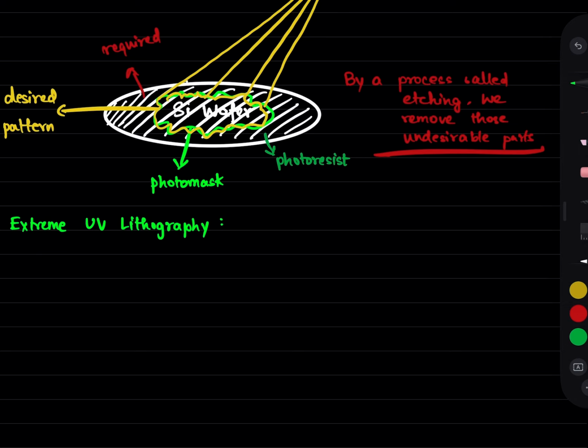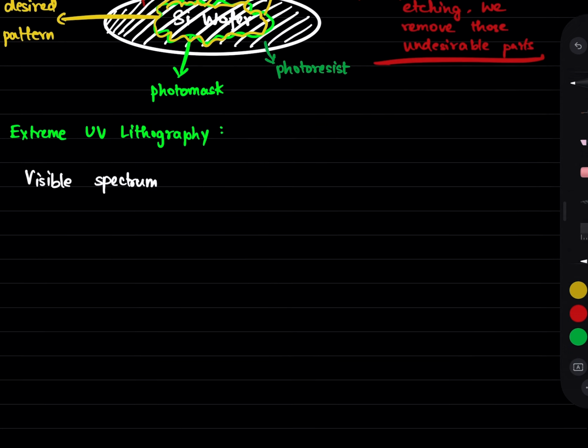So basically we use very short wavelengths of light to design intricate patterns on the substrate, which means in our visible spectrum of light, we have a spectrum like this, right? So in our visible spectrum we have, let me draw a box.